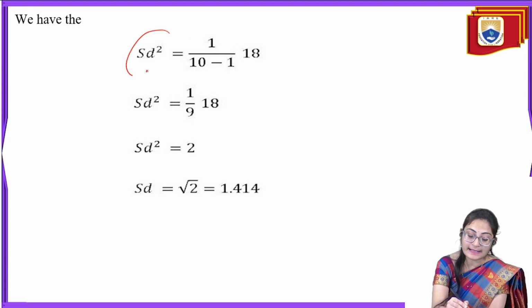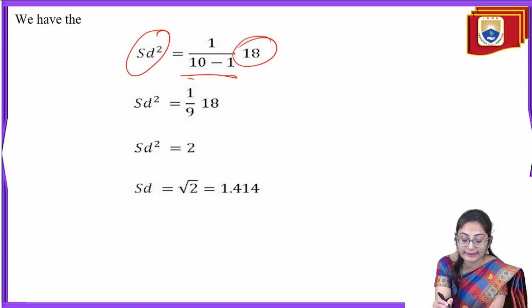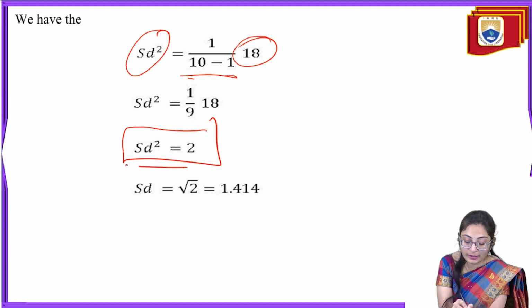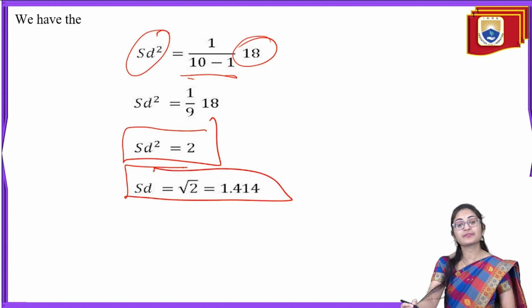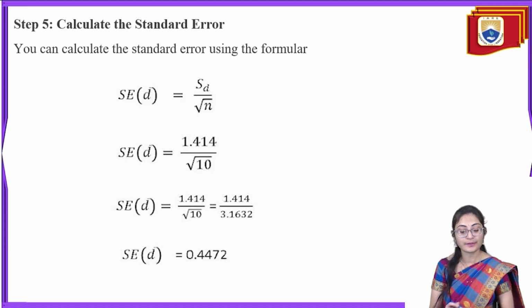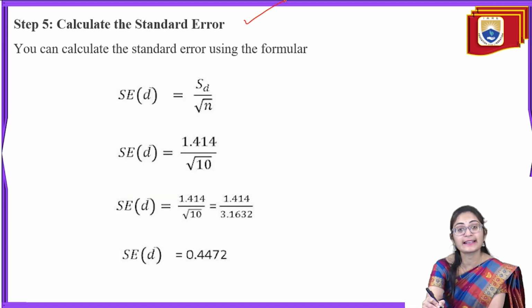So standard deviation square is 1 upon 10 minus 1 into 18, which gives 2. Then the standard deviation is the square root of 2, and your value is 1.414.